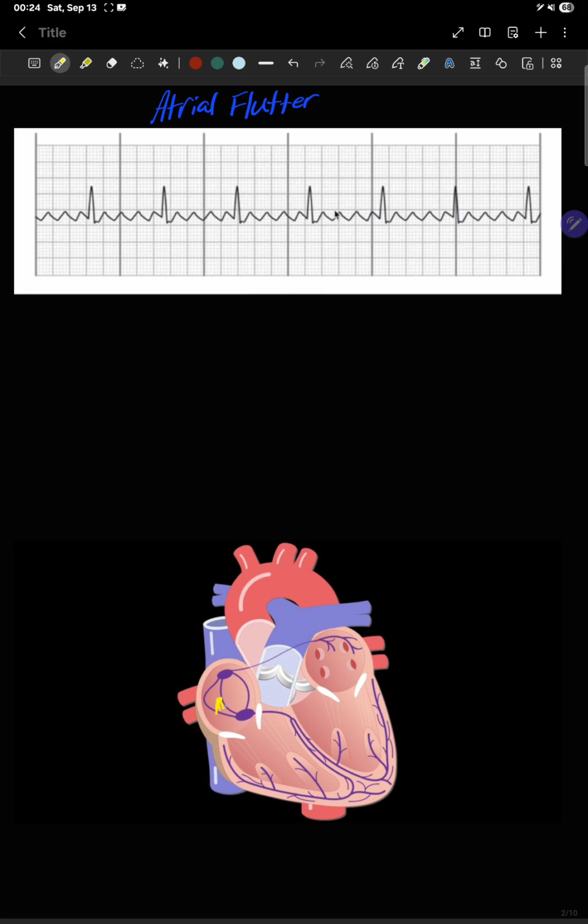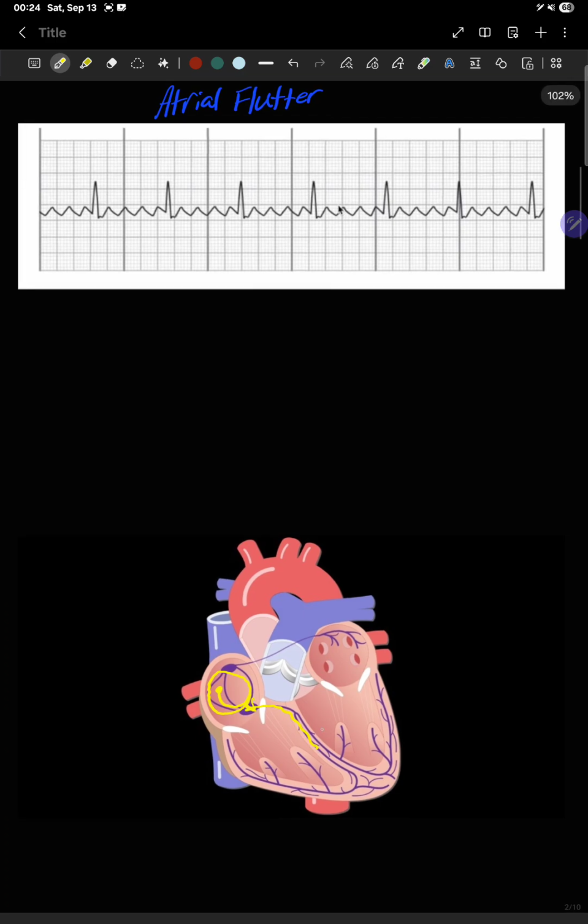So when I start discharging, the impulses start doing this and this, because I'm discharging more, and it keeps going round and round and round. Well, when it's in that re-entry loop, every time it comes around, it's trying to get into the AV node to then be sent downwards.